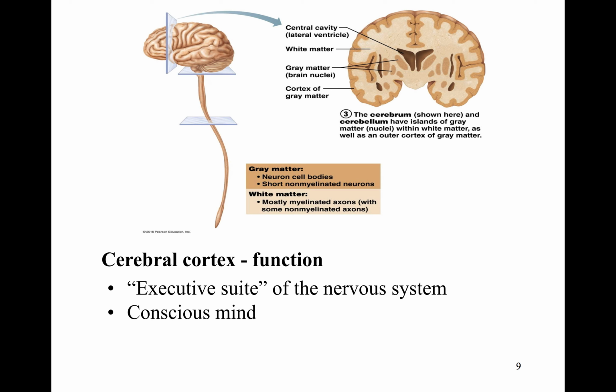First, we're going to focus on our cerebral cortex. Remember, the cerebral cortex is that outer ring of gray matter. Very briefly, the cerebral cortex functions as the executive suite of the nervous system, or our conscious mind.